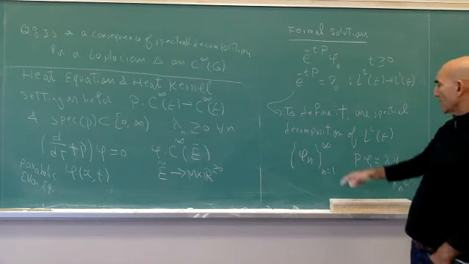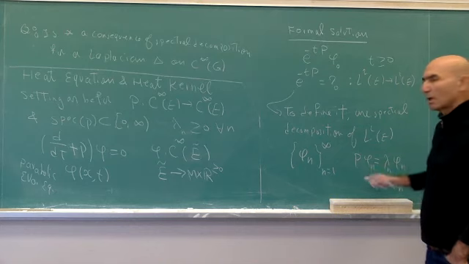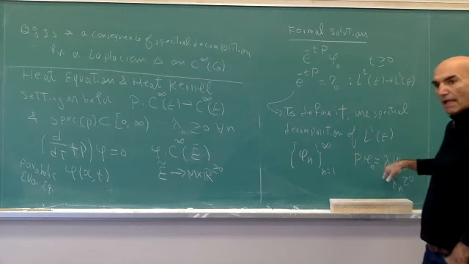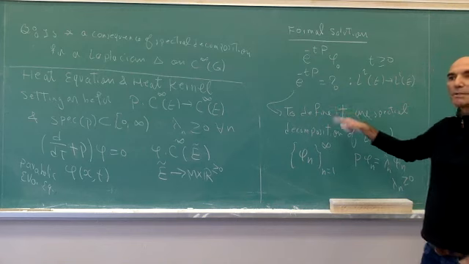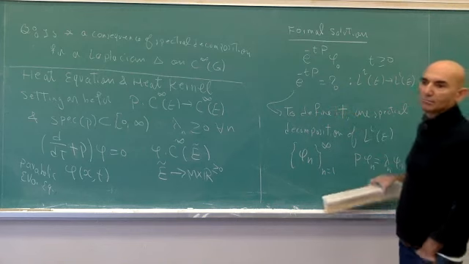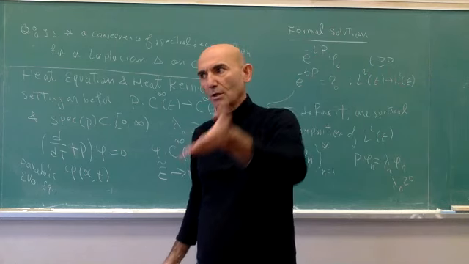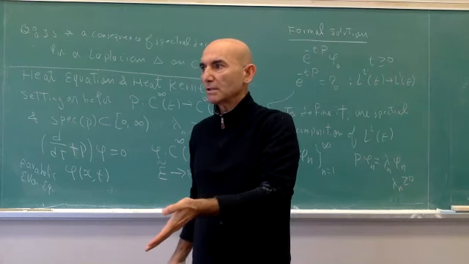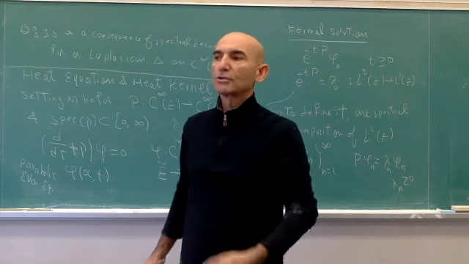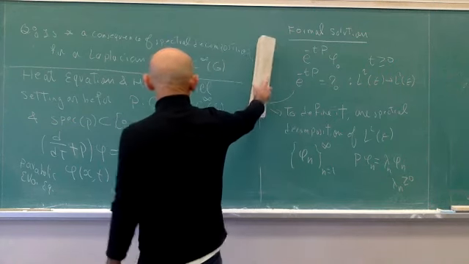Now I can define the exponential of minus tP on these phi n's to be e to the minus t lambda n phi n. Basically, you have diagonalized your matrix P, and of course any function of P can be defined like that.